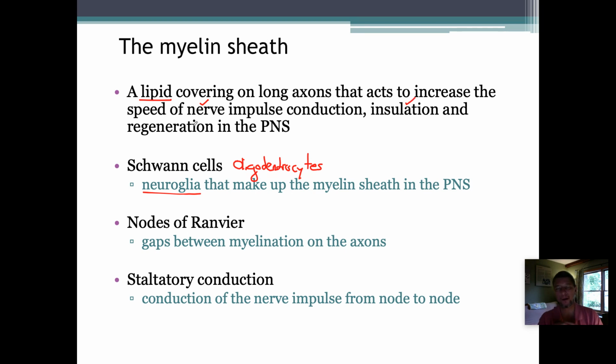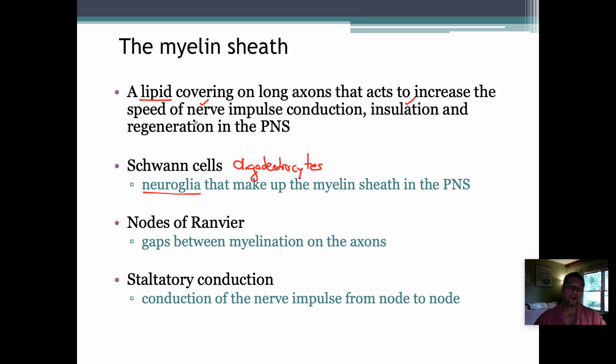Let's talk about the insulation part first. When you have an electrical wire that runs, for example, from a lamp into the plug in the wall, you don't want bare metal there for 2 reasons. First of all, it'd be very dangerous because you could electrocute yourself if you happen to touch that wire.